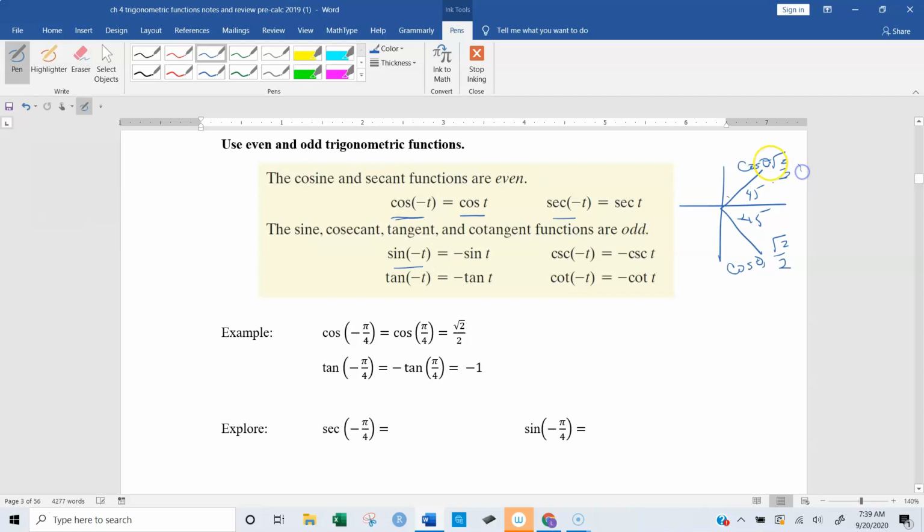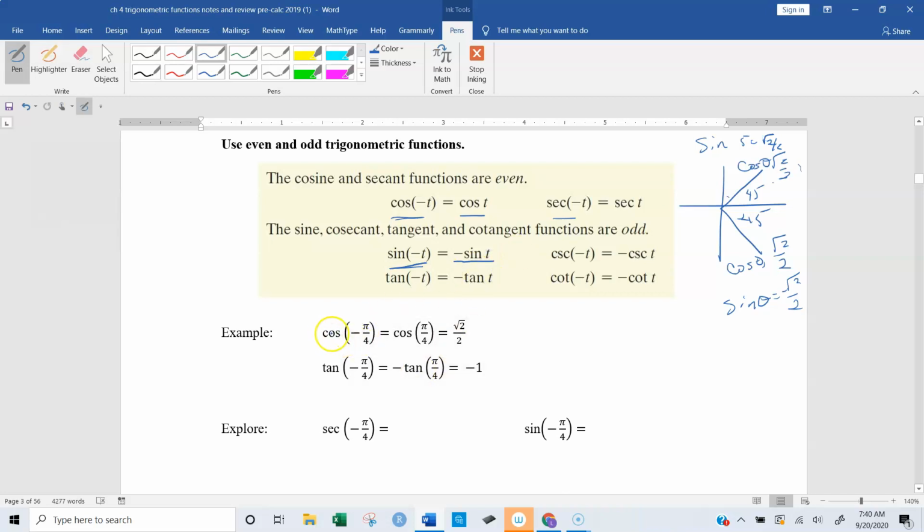So here the sine of a 45 is a positive square root 2 over 2. But when you go down, now the sign is based off of y, so now it's a negative square root of 2 over 2. So this is saying the sine of a negative angle is the negative value of the sine of the positive angle, which is what's helping us out here.